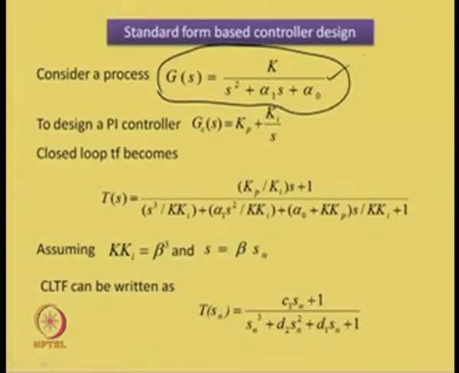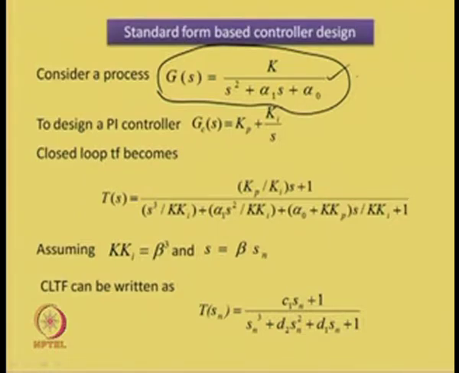Consider a process given as G(s) equal to k upon s squared plus alpha 1 s plus alpha 0. This all pole second order process has poles located, suppose, far off from the left half of the S plane.